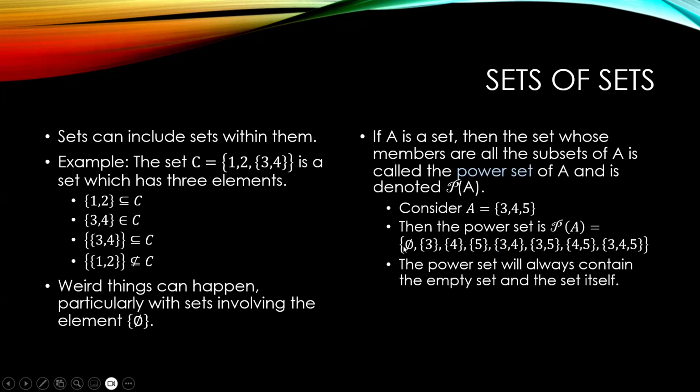And so the empty set and the whole set are included in there. 3, 4, and 5 as individual elements in a set are included. And then we also have {3, 4}, {3, 5}, and {4, 5}. And so this is all of the possible subsets of A. The power set will always contain the empty set and the set itself.